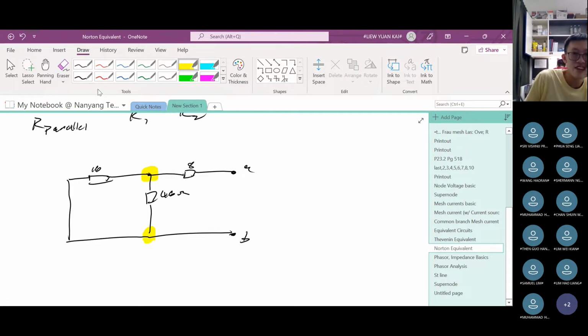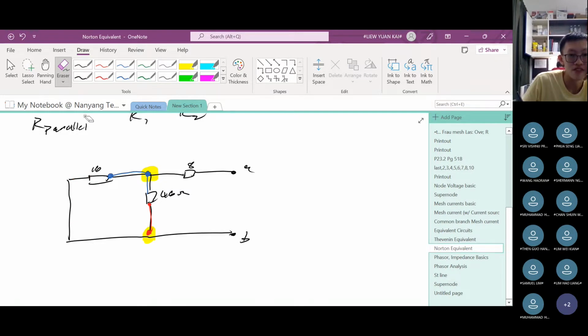If a device is connected to the same two nodes at its two terminals, then one terminal of the 10 ohms is connected to this node and the other terminal to this node. For the 40 ohms, this terminal is connected to the same node and this terminal is also connected to the same node. Since both of them are connected to the same exact nodes, they have to be parallel.